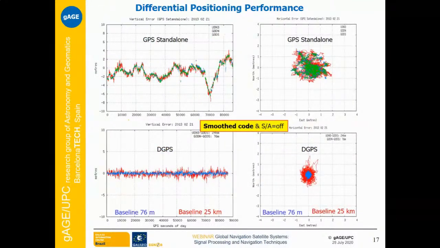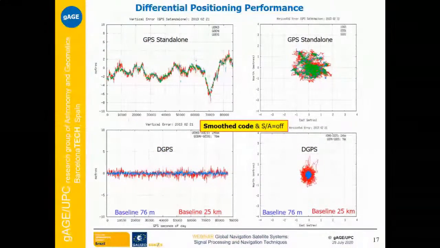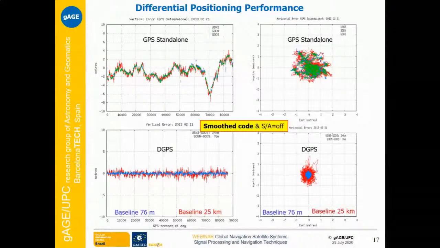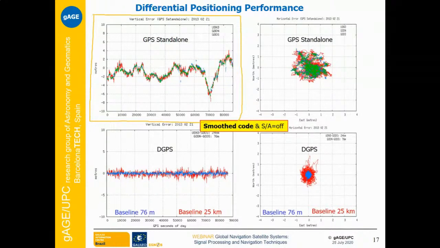So if we look at the standalone positioning, for example, the vertical error, and this is what is shown in the top left graph, we can see the standalone positioning. We can immediately notice that every one of these 3 stations is depicted with a different color.